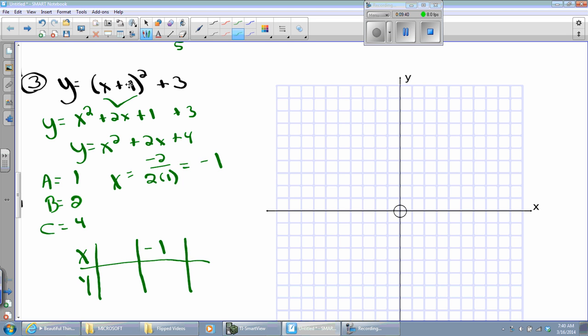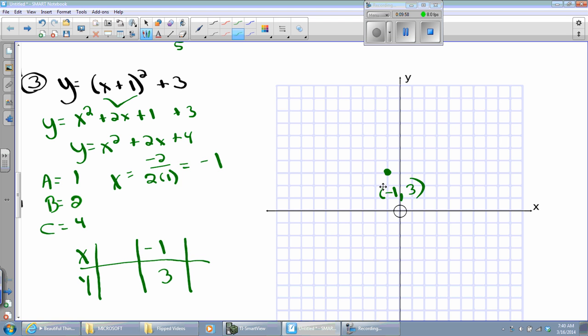And when I put -1 in here, I get -1 plus 1 is 0. 0 squared is 0, plus 3 is 3. Now, so I go -1, 1, 2, 3. That's my vertex, right? So -1, 3.